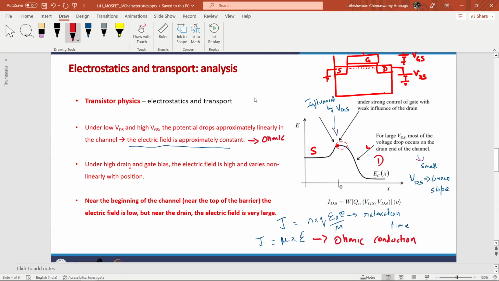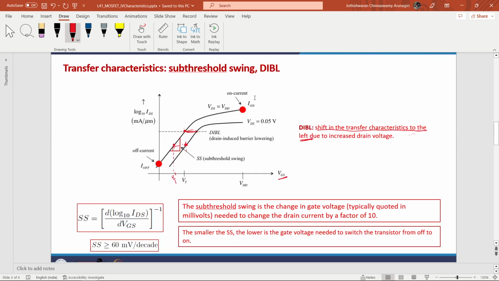So first is the notion of DIBL and subthreshold swing. I hope you remember that part of our discussion. Drain induced barrier lowering is seen as a leftward shift of the voltage current characteristics.